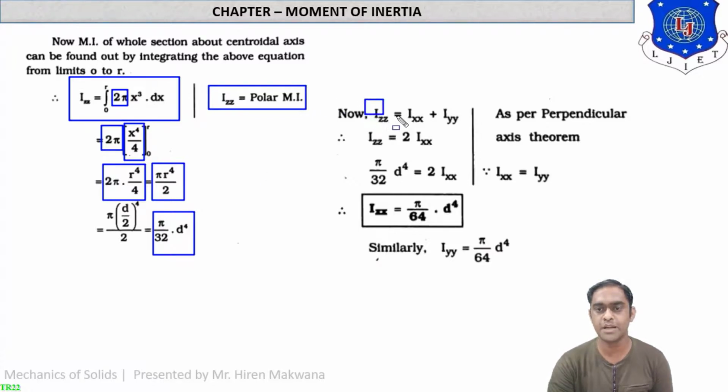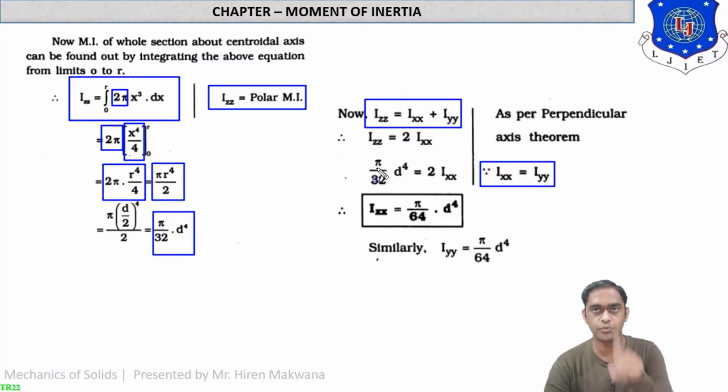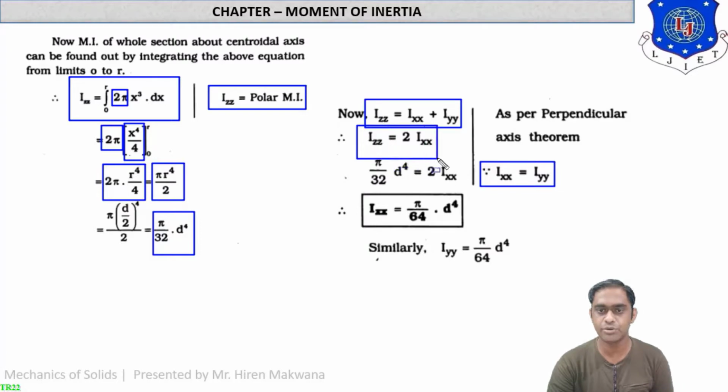Now as per the perpendicular axis theorem, Izz equals Ixx plus Iyy, but Ixx equals Iyy. As I said, the circle is symmetrical to both axes, so both moments of inertia must be equal. So now Izz equals 2 times Ixx. Izz is pi by 32 d raised to 4, so pi by 32 d raised to 4 equals 2 times Ixx.